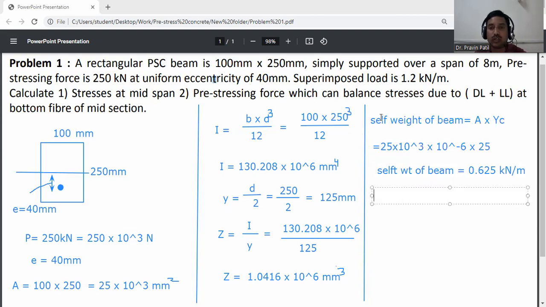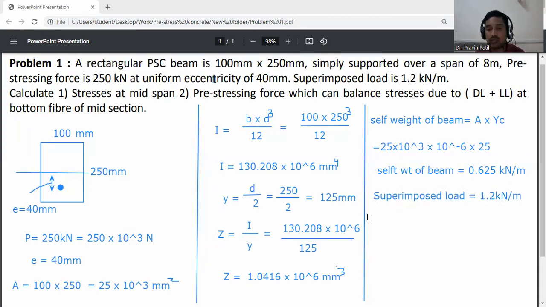Then the total load. The superimposed load is given as 1.2 kilonewton per meter.